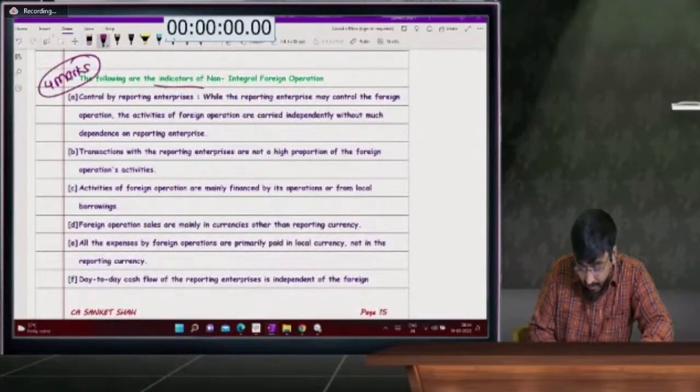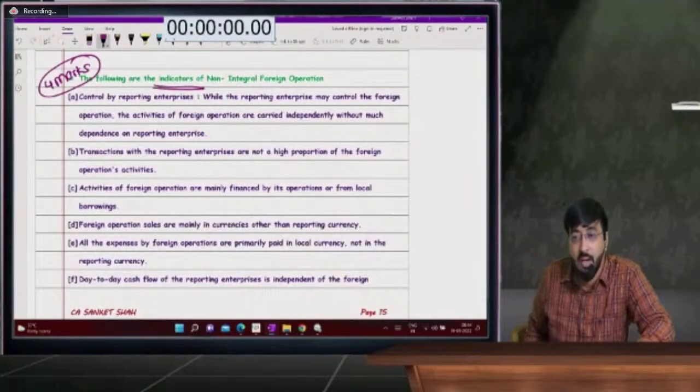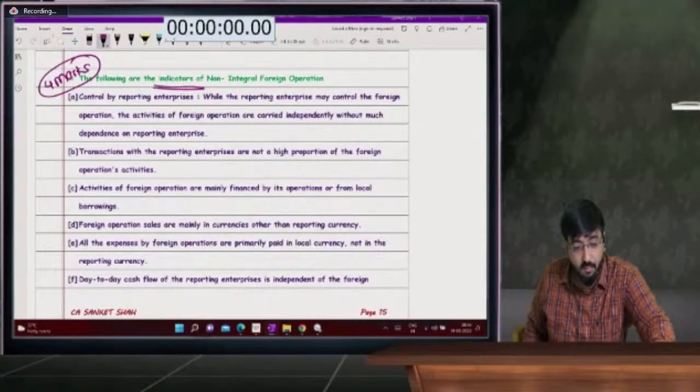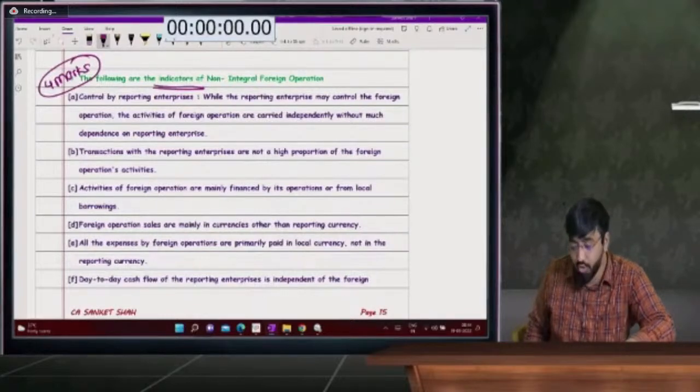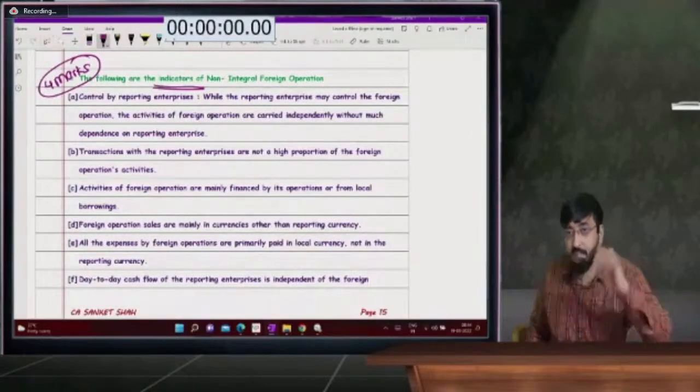What are indicators? Theory question. I may ask you this theory question. What are indicators? Now, indicators, important. Okay. So, what are indicators?